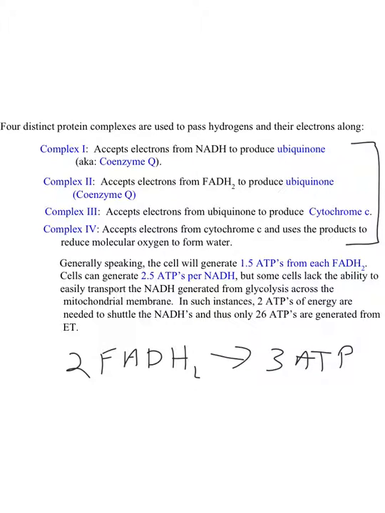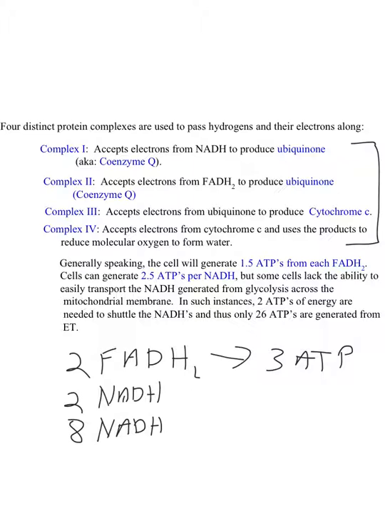Well, with NADH, you can get a little bit more ATPs out of those, 2.5. But remember that we got 2 of these NADHs from glycolysis, and 8 of them from pyruvate conversion and Krebs cycle.